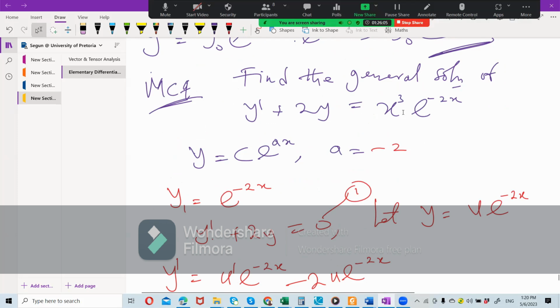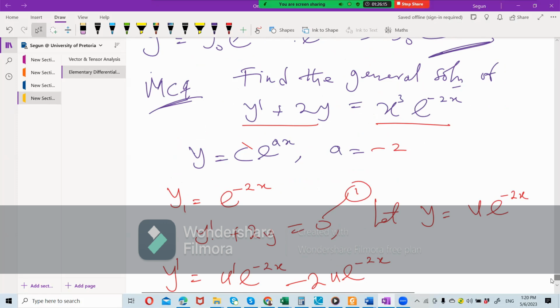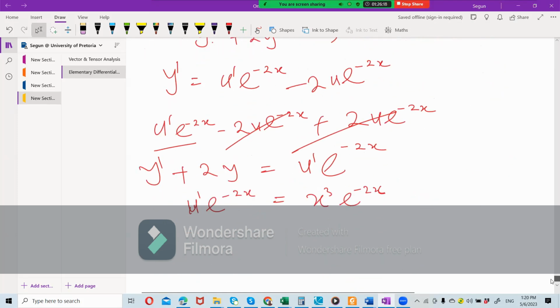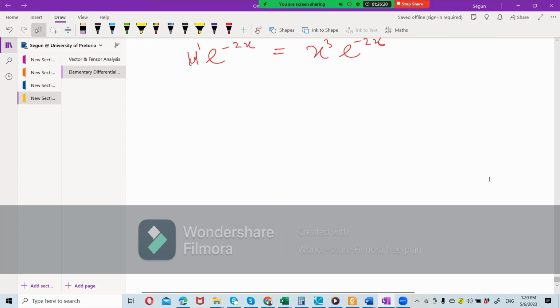So we can go ahead and substitute the two together.